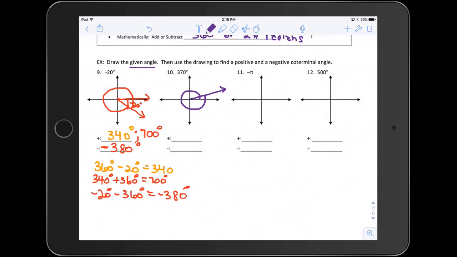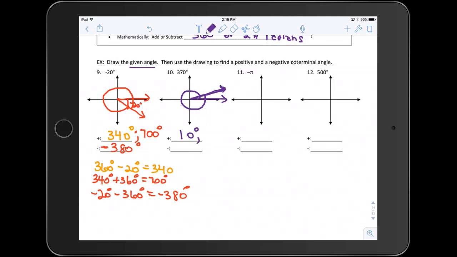So to give a positive angle, we could add another 360 to this 370 if we really wanted to, but I know that the angle with the initial side, whether it's 370 or 10 degrees, is the same angle. And again, you can add 360 to the 370.